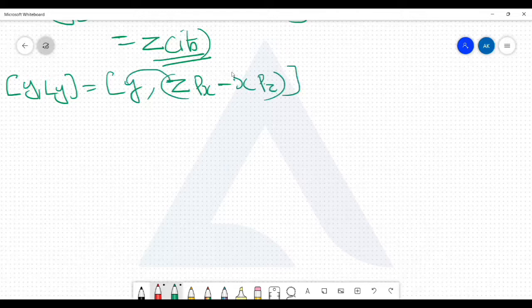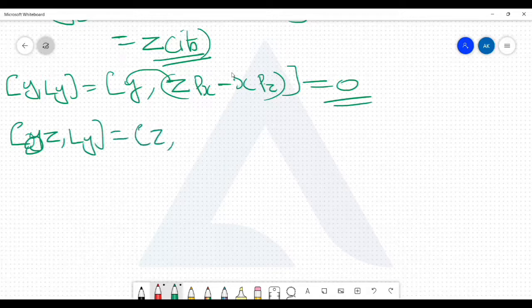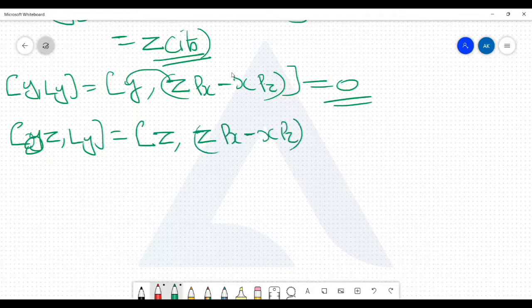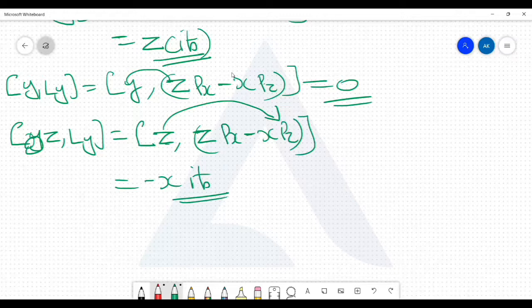If you see, y p_y is not there, so there will be 0. And z L_y is z with z p_x minus x p_z. If you look closely, the term z p_z will be there. Therefore, we have minus x, and z p_z will be iℏ. So iℏ times minus x will be the answer.